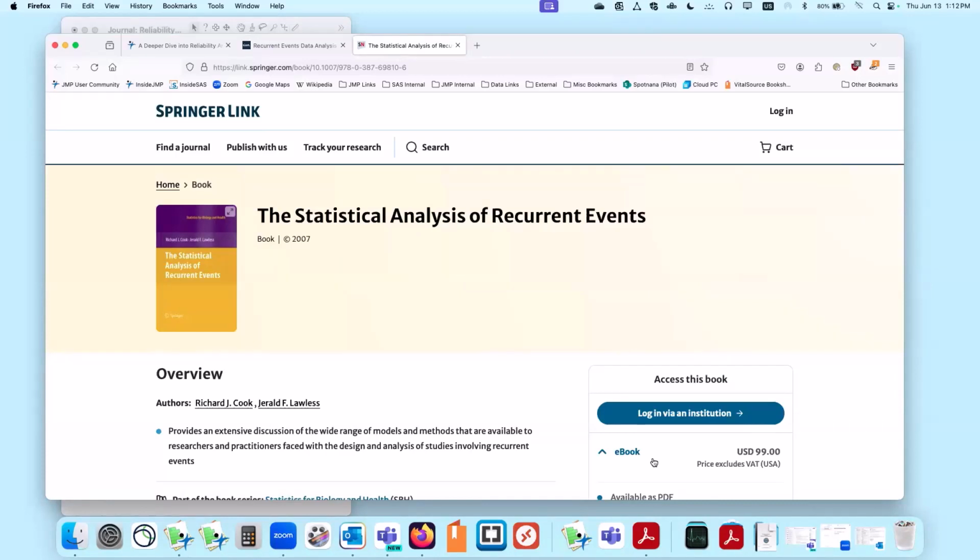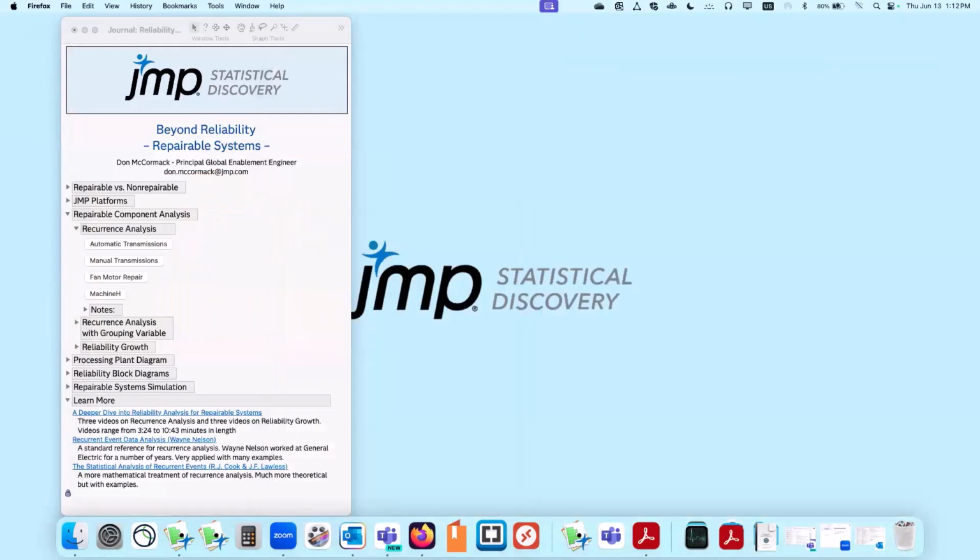The mathematics at times get a little bit deep. I've been probably reading on this for 10 or 15 years, and there's still parts that are just a little bit too deep for my understanding. And I'm an applied statistician, but it's very, very thorough, a good reference to know about. So if you want to learn more, those are some references that you can take a look at.